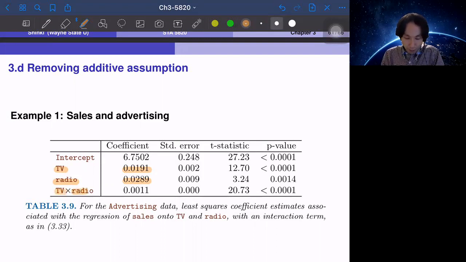But if we do both, that also has a positive effect. If we spend $1 million more on TV, then the sales go up by some amount. And 1 million on radio also increases sales, but we have interaction. So if we do both, sales increase more than linearly. Maybe if people watch the same product on both TV and radio, then more people buy that product.